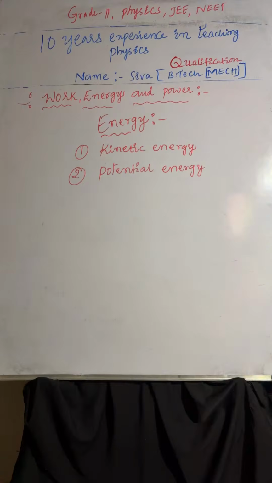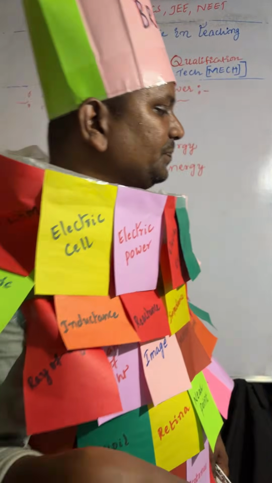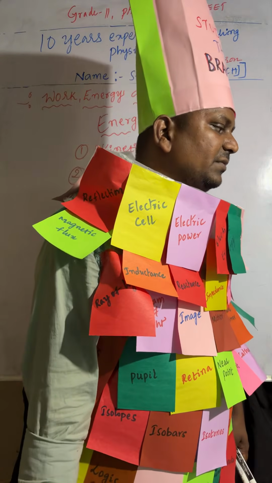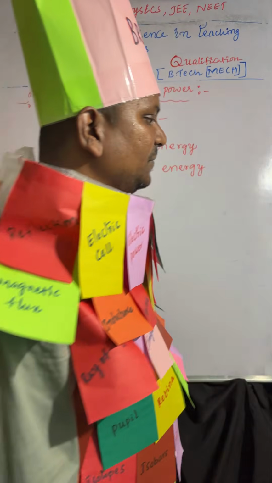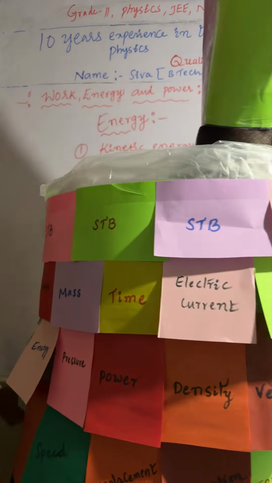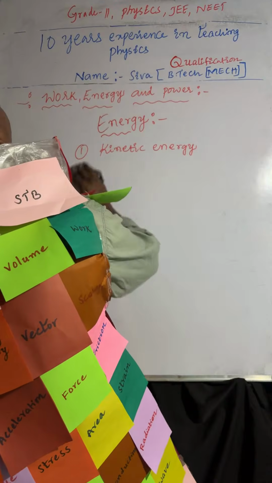I will explain the work energy theorem while explaining kinetic energy. Half m v square is the kinetic energy formula.